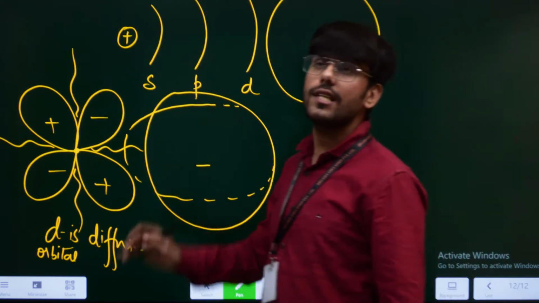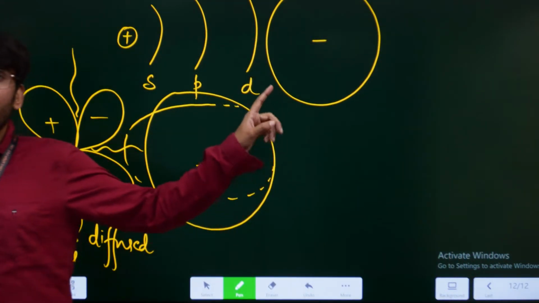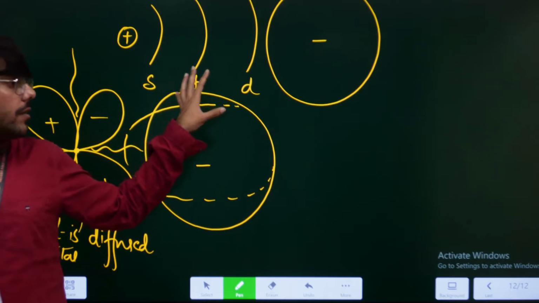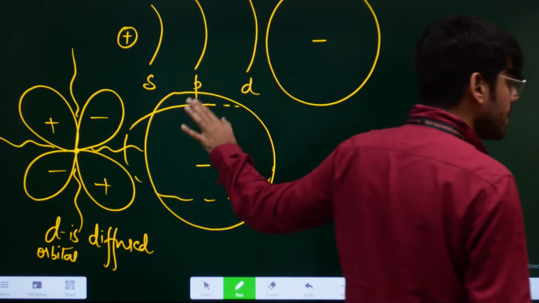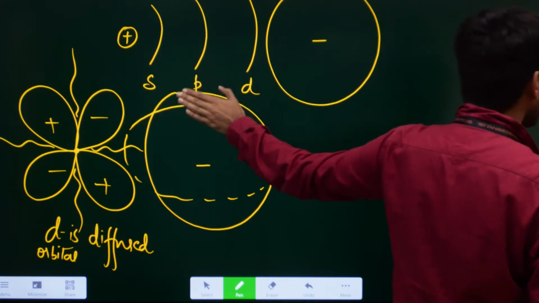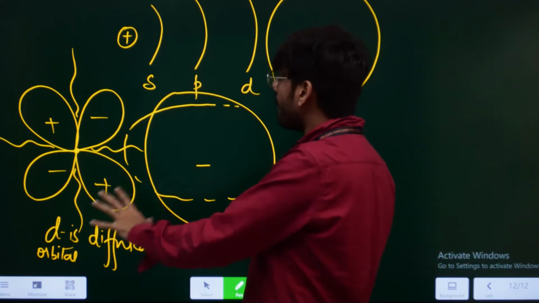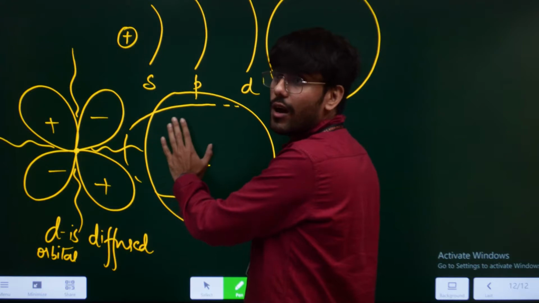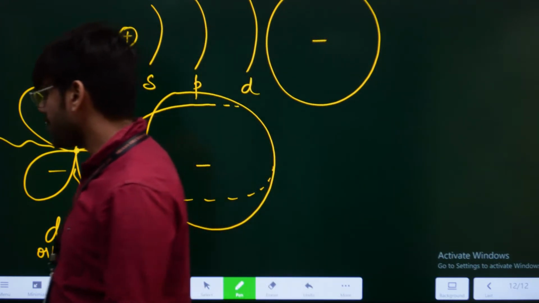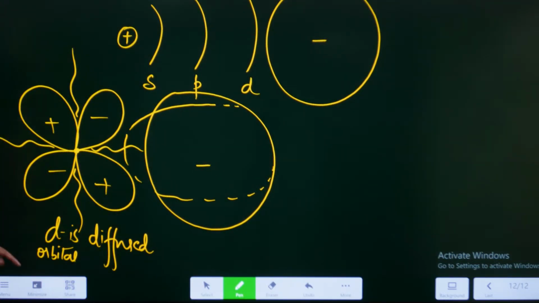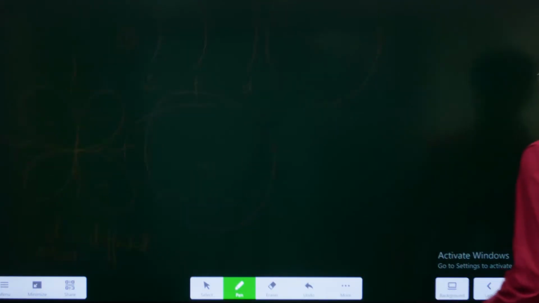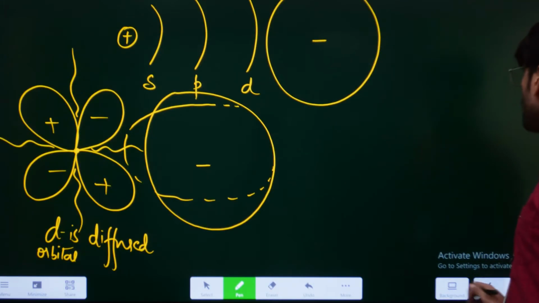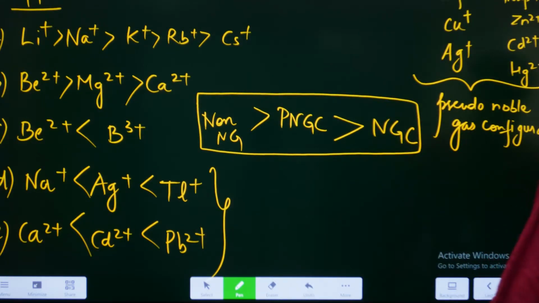This is the reason why the ions having pseudo-noble gas configuration have more polarizing power. Polarizing power means the power to distort the electron cloud towards itself. Tell me if this point is clear. Alright, please remember this. And the rest is fine.